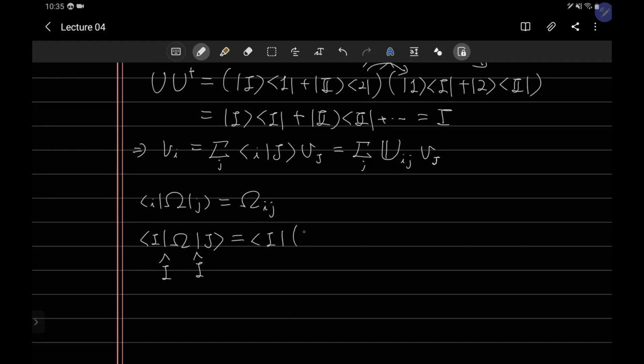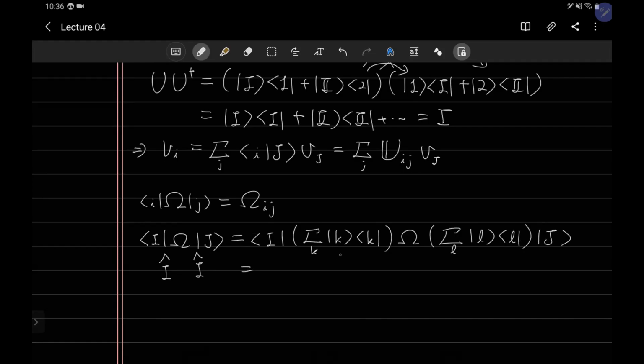So what we will get is a summation. Using the completeness relation, this identity operator can be written as the summation of all the projection operators, and then omega, and another summation of the projection operator, and finally this one.